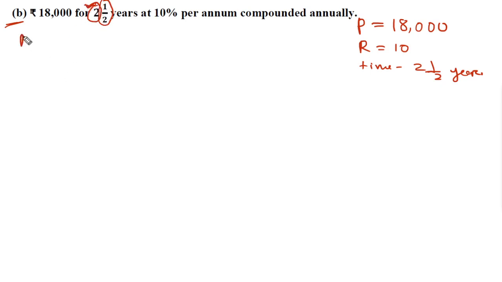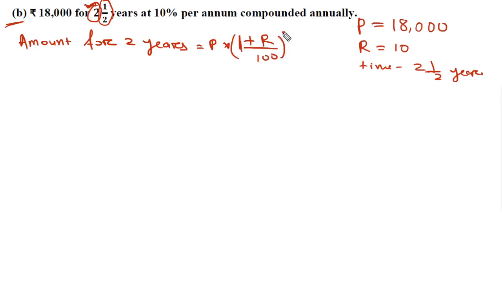So amount for 2 years is equal to, you know the formula, P into 1 plus R by 100 to the power n.